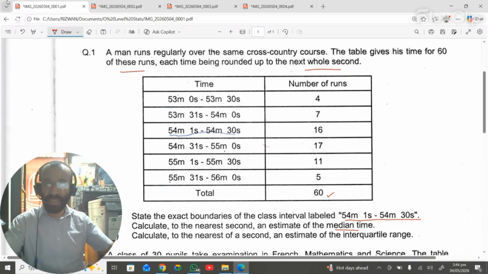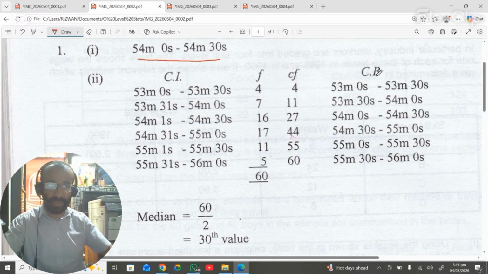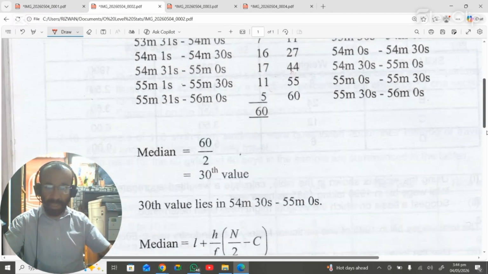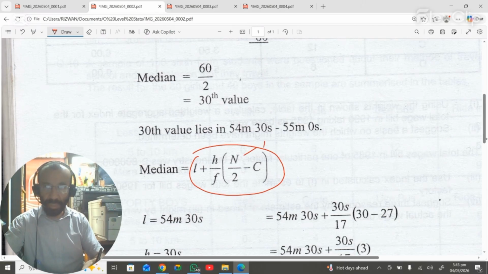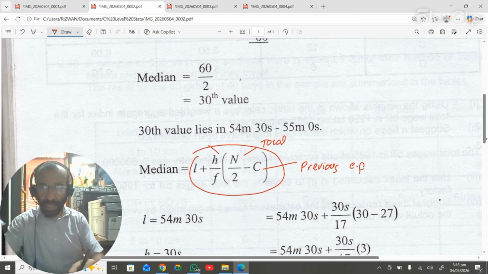For the median, the formula is L plus H over F into n by 2 minus C, where n is the total number of the terms, C is the previous cumulative frequency, H is the height of the class, F is the frequency, and L is the lower class boundary.